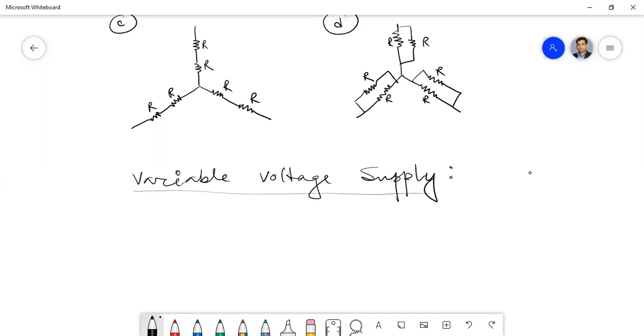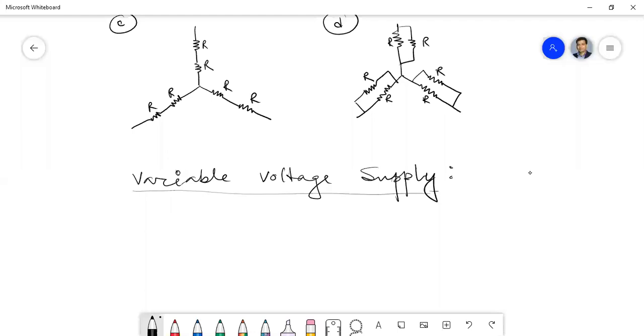So variable voltage supply was there in the list, okay? So variable voltage supply means a supply for the heating process. Generally, this type of technique we use for larger plants or maybe the furnace.